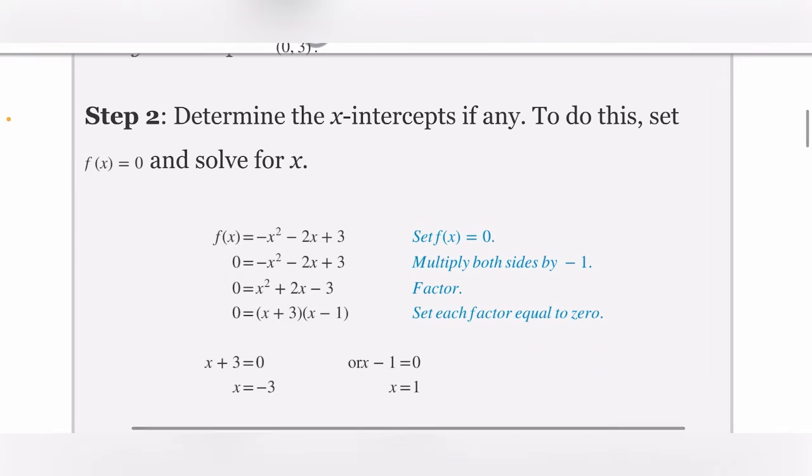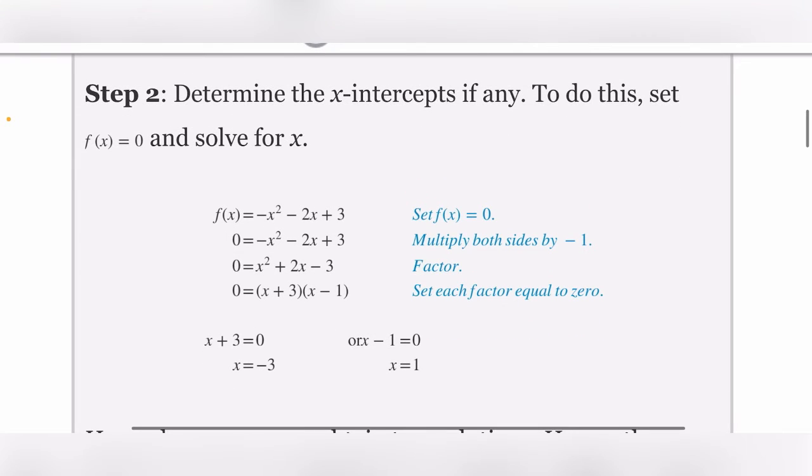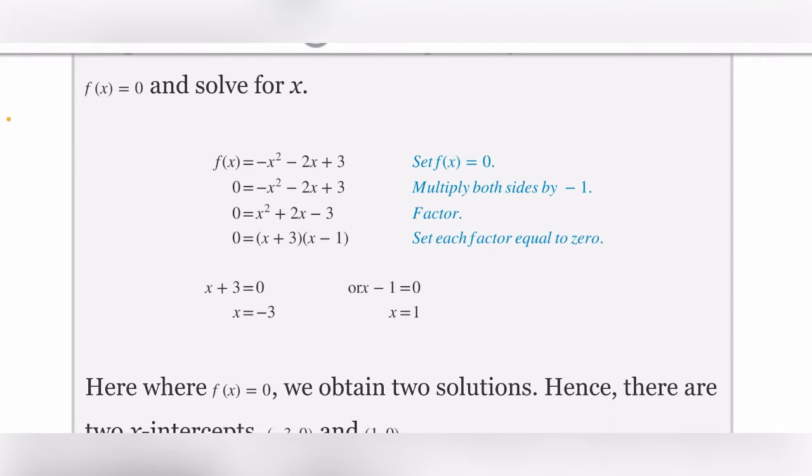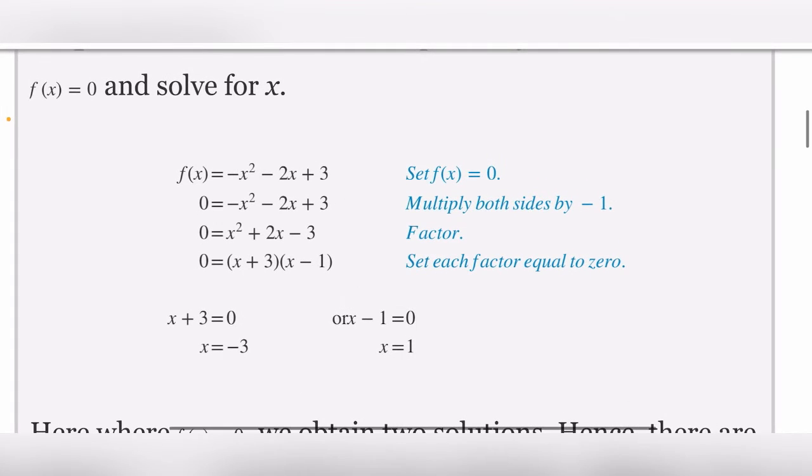Step number 2, we're going to determine the x-intercepts, if any. If such points exist, we calculate the x-intercepts by setting y equal to 0. So we'll get the quadratic equation negative x squared minus 2x plus 3 equals 0.